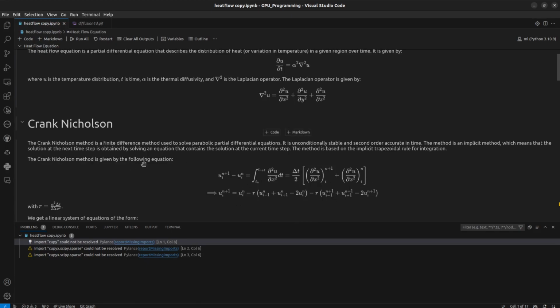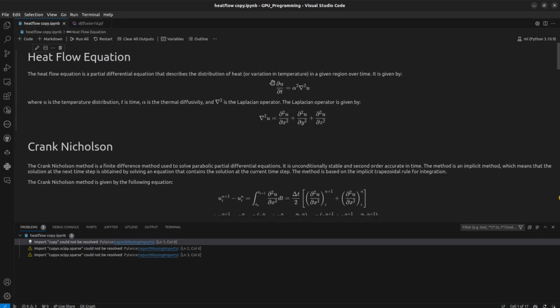Okay, so let's formulate how we would derive that scheme. If we have a look at our PDE up here, you can see that on the left-hand side there is a time derivative of our function, and we want to know the value of the function at the next time step from our current time step.